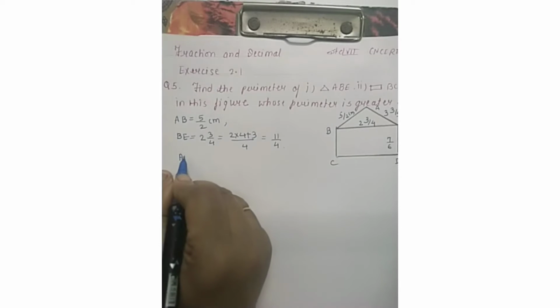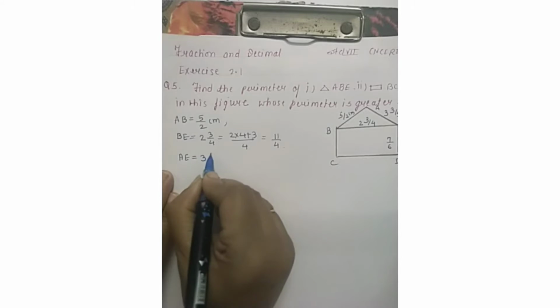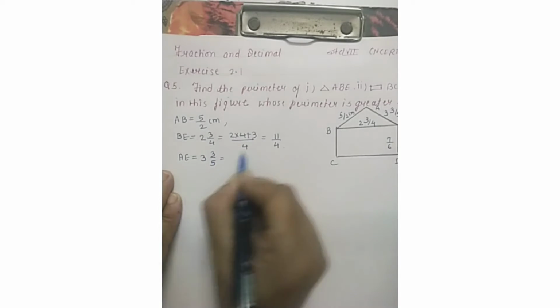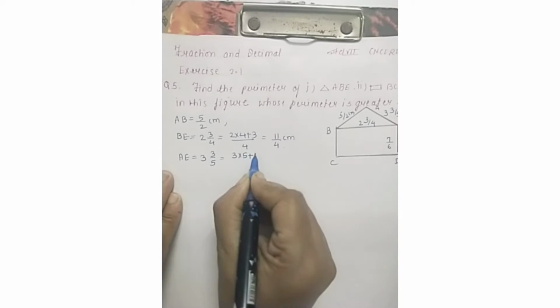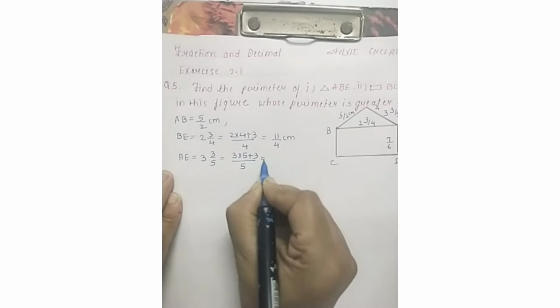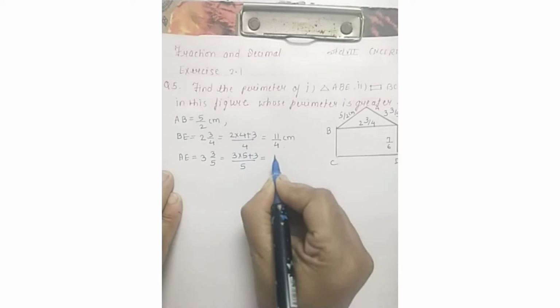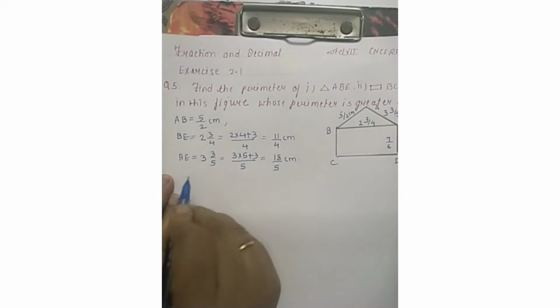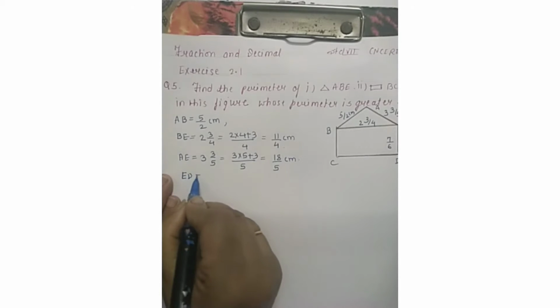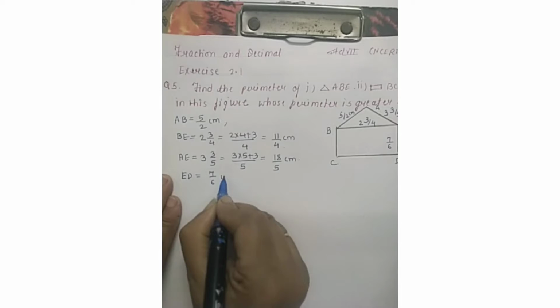And AE is 3 3 by 5. So 3 into 5 plus 3 upon 5, that is 18 upon 5 centimeter. And ED is already given, equal to 7 by 6 centimeter.